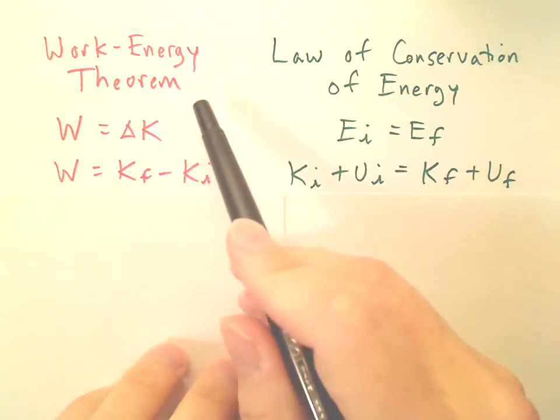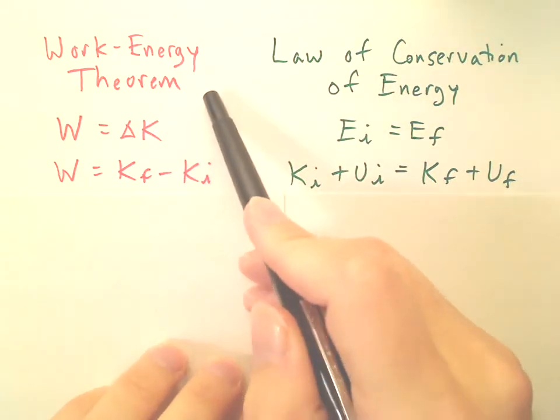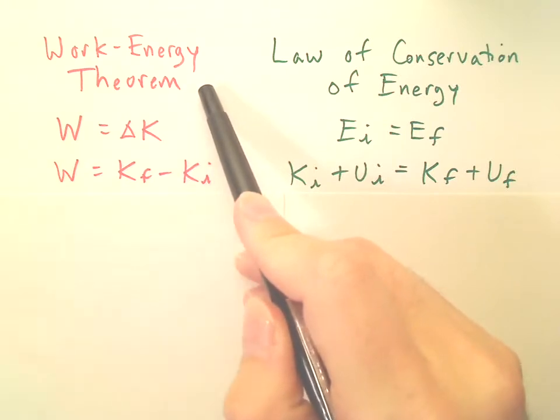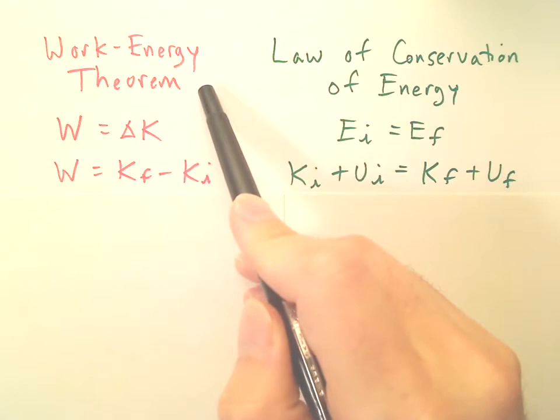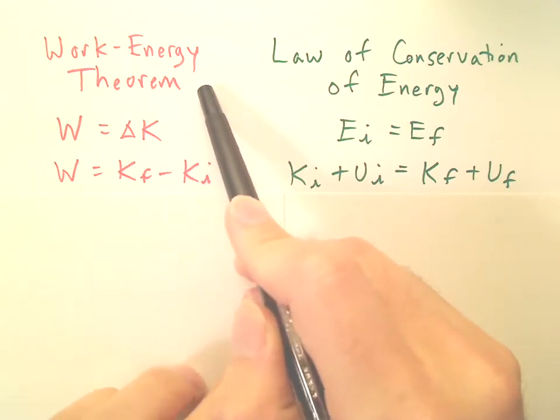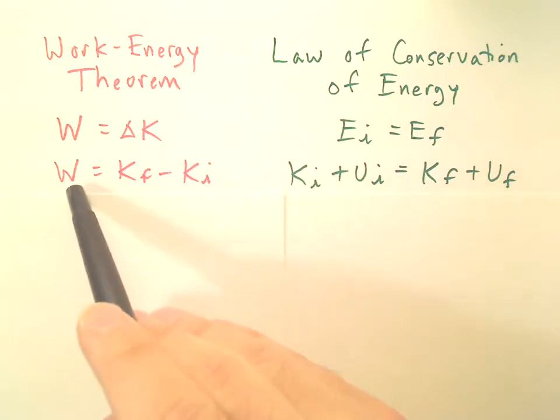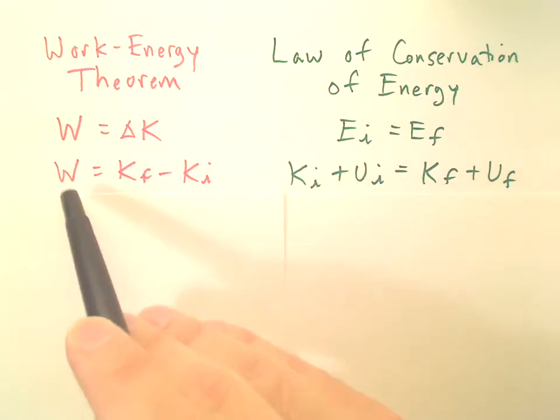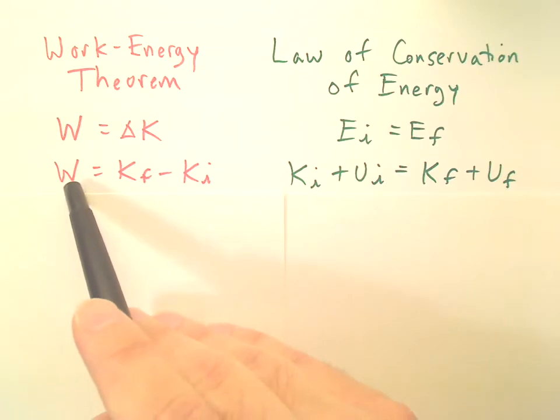The advantage of the work-energy theorem is that it always works. If it's possible to use work and energy to solve the particular problem you're dealing with, then the work-energy theorem will find the solution. The disadvantage of this is that it uses work, and work is a notoriously difficult, confusing topic.